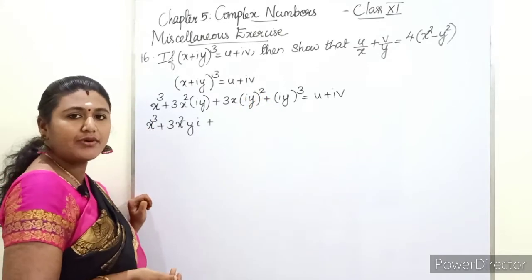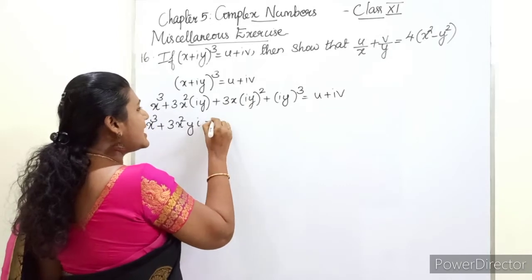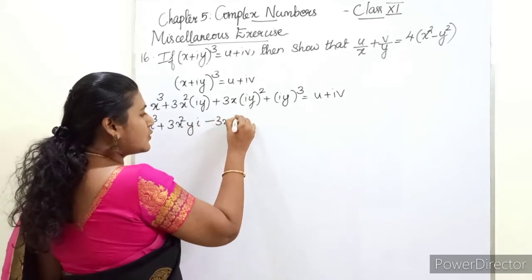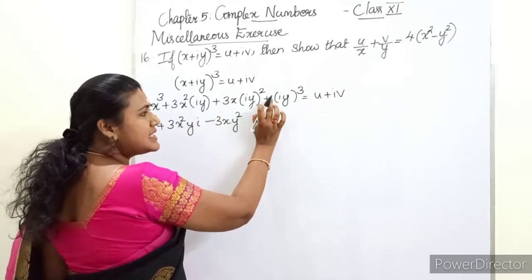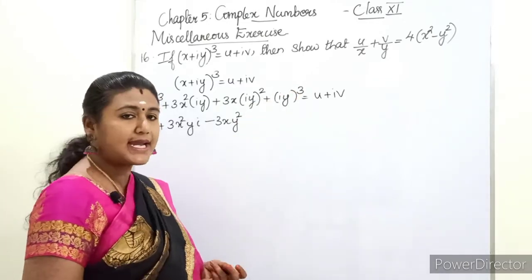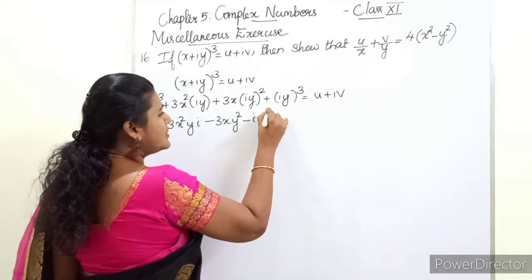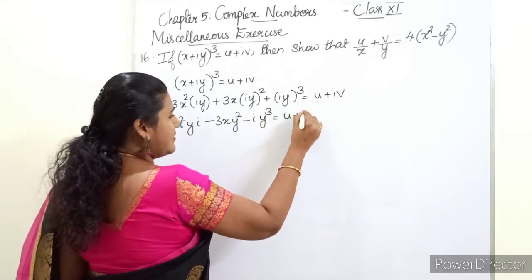What is the value of i²? Minus 1. So this term will become −3xy². Then the last term is i³y³. What is the value of i³? Minus i. So we will write −iy³ = u + iv.